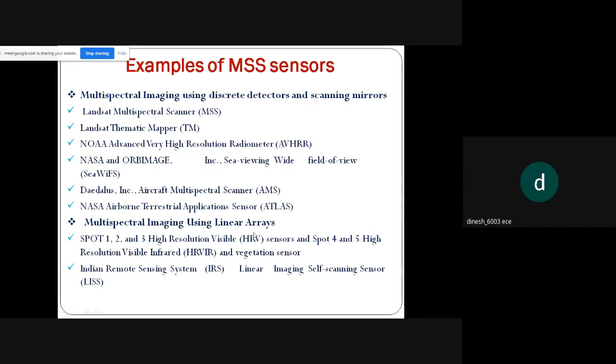Then the multispectral imaging using linear arrays are used in SPOT 1, 2, 3, high resolution visible HRV sensors, and SPOT 4 and SPOT 5 are used in high resolution visible infrared HRVIR and vegetation sensors.